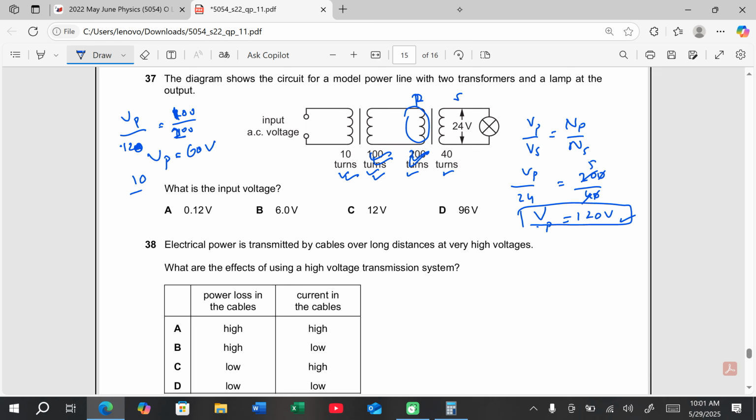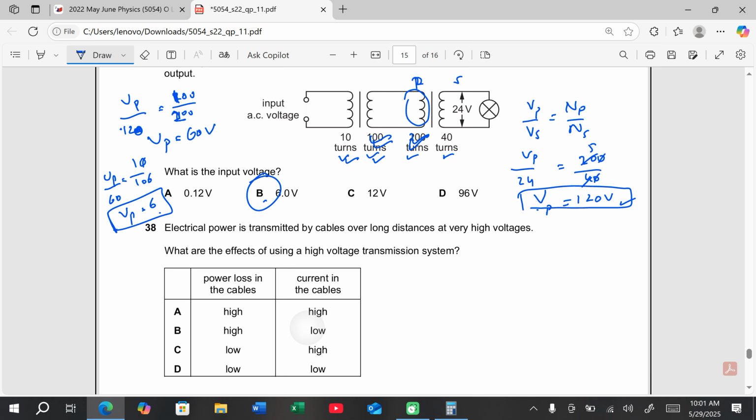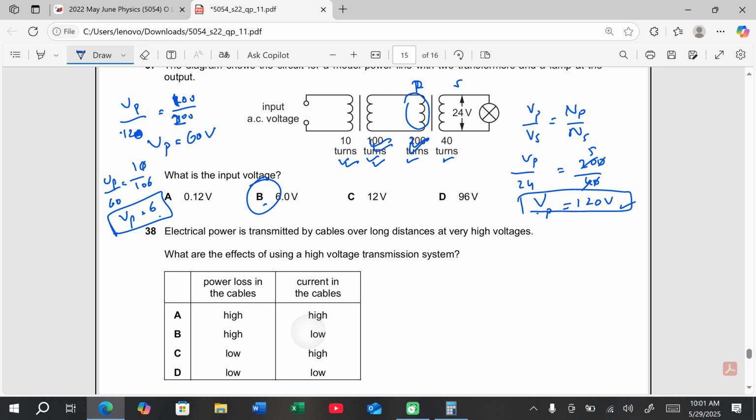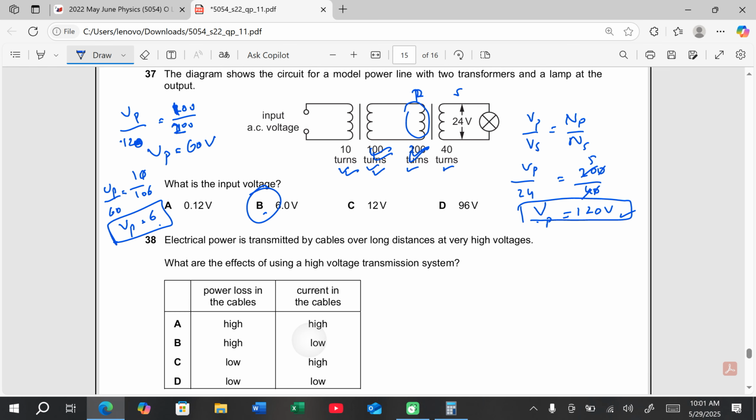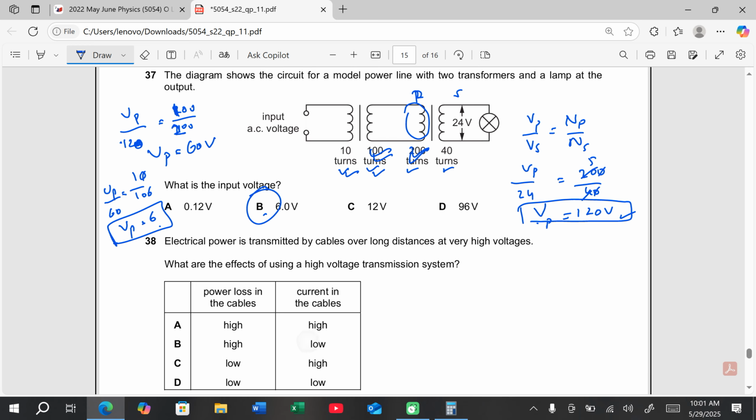So 10 over 100 is equal to Vp over 60, so Vp is equal to 6. So: 40 turns, 120 for 200 turns, 60 for that, and 6 for that.